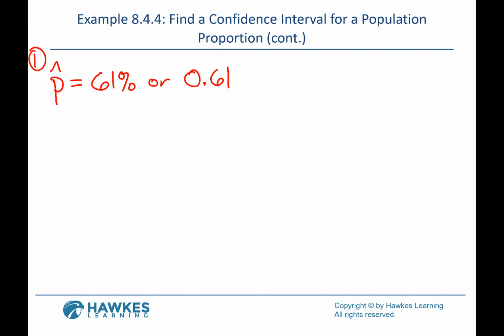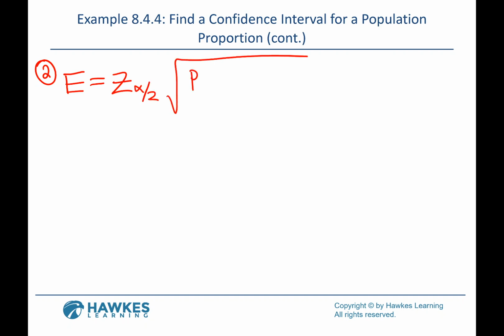Okay, step 2, need to calculate margin of error correctly this time. So we've got p-hat, we need critical Z, and we also need to pick out what our sample size is.